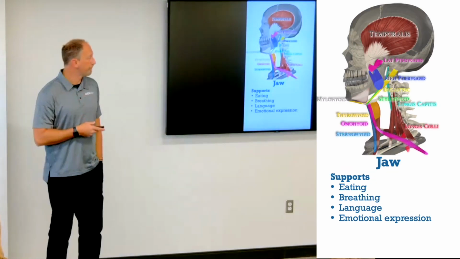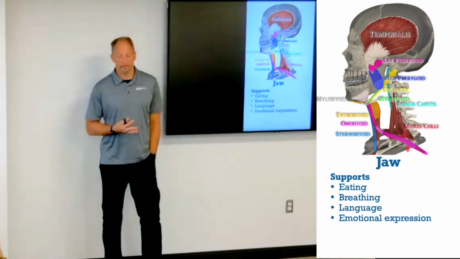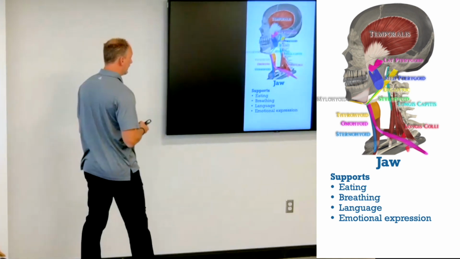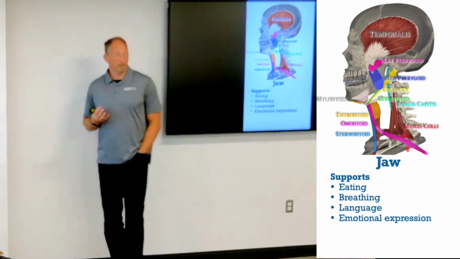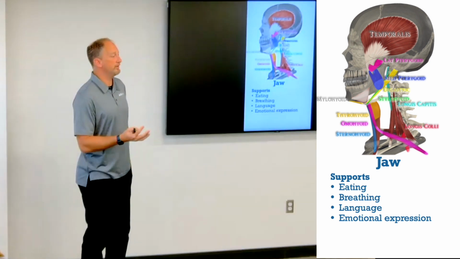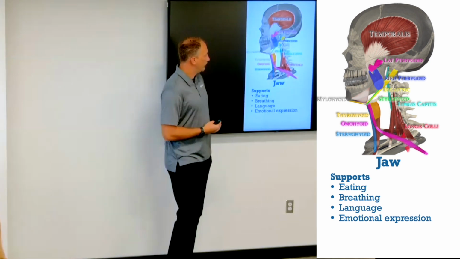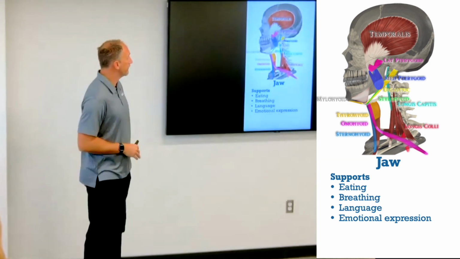The jaw. We talked about how we use the jaw a lot. Eating, drinking, talking, how we express ourselves. We use the jaw quite a bit. The jaw is directly tied into the deep front line. We have our suprahyoid muscles, we have our infrahyoid muscles.